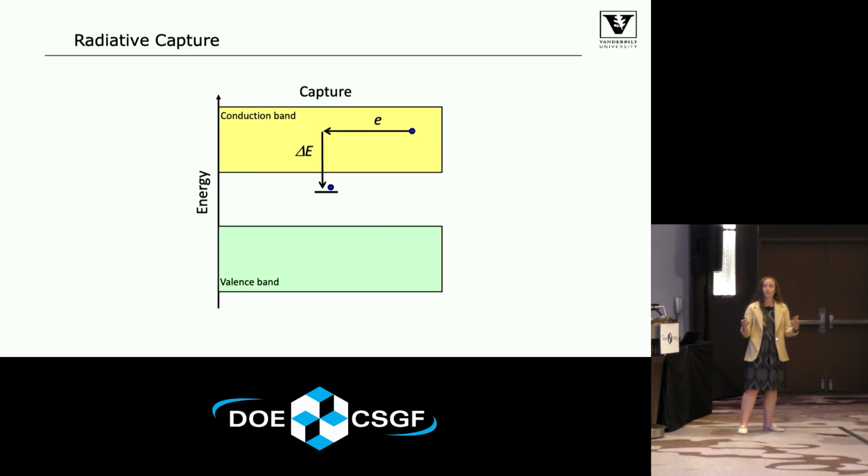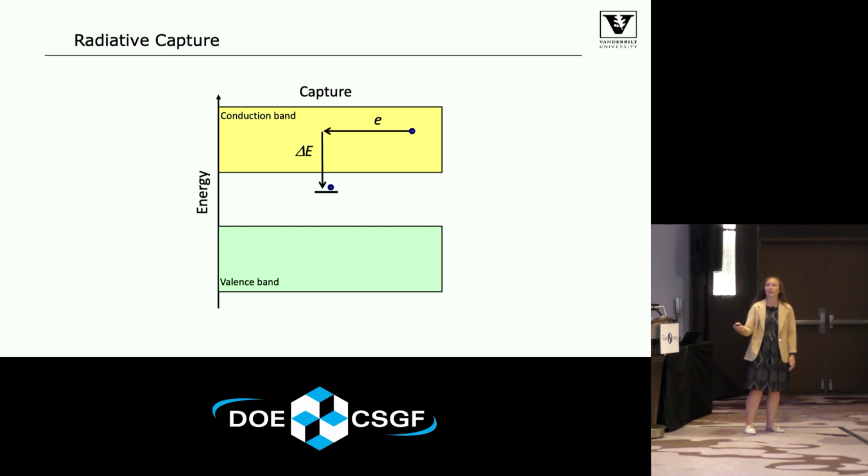So first, how does the system get excited? How does it vibrate more and more? Well, there's a well-known case of radiative capture. So here I show this is what the energy bands look like in a material, specifically a semiconductor. You have the valence band where mostly all of the states are occupied with electrons. Then you have the conduction band where it's mostly empty with some electrons moving along.